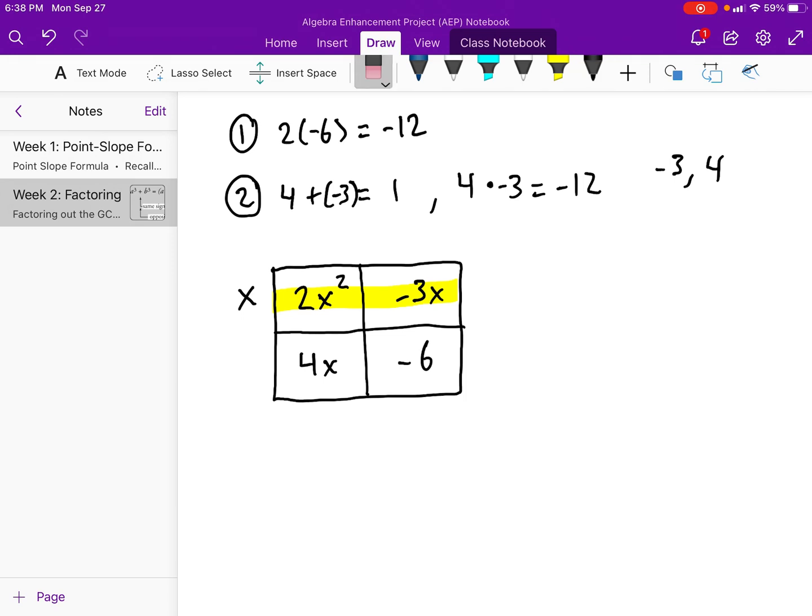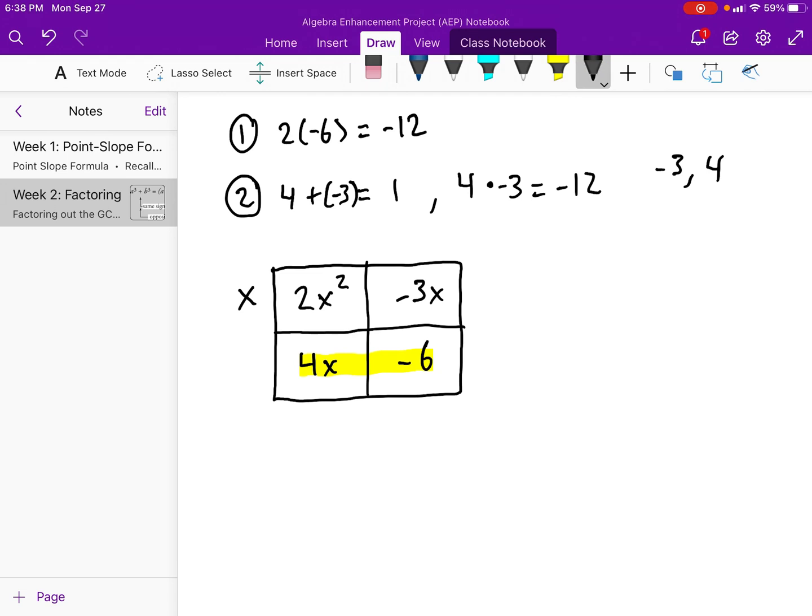Okay, so now what if I look at my bottom row? We have positive 4x and negative 6. Now I want to determine what I could factor out of these two.